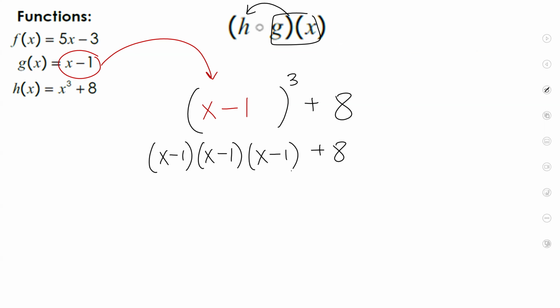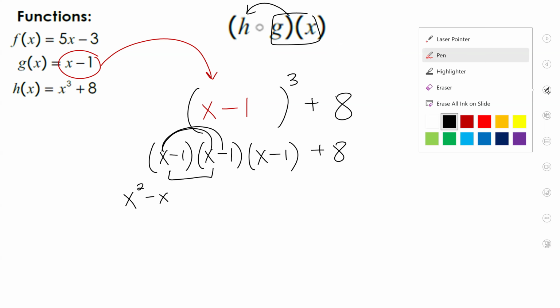All right, let's multiply it out just bit by bit. Let's multiply these two together. X times x is x squared. X times negative 1 is negative x. Now let's do the next item.